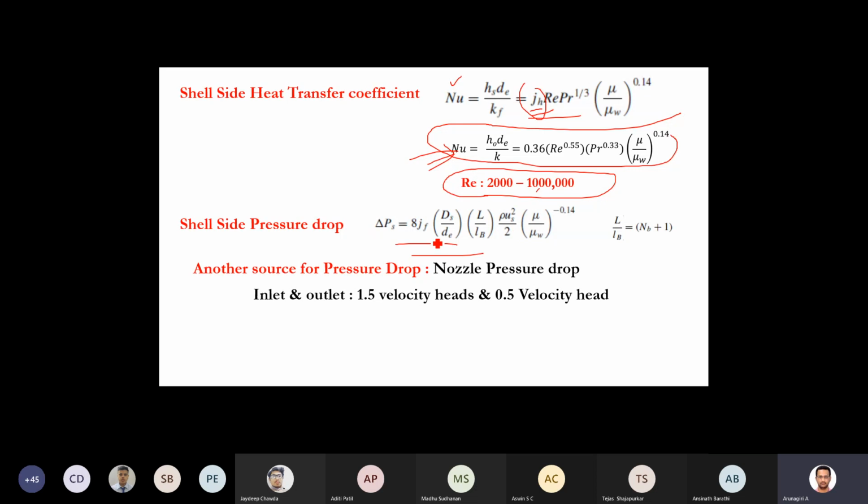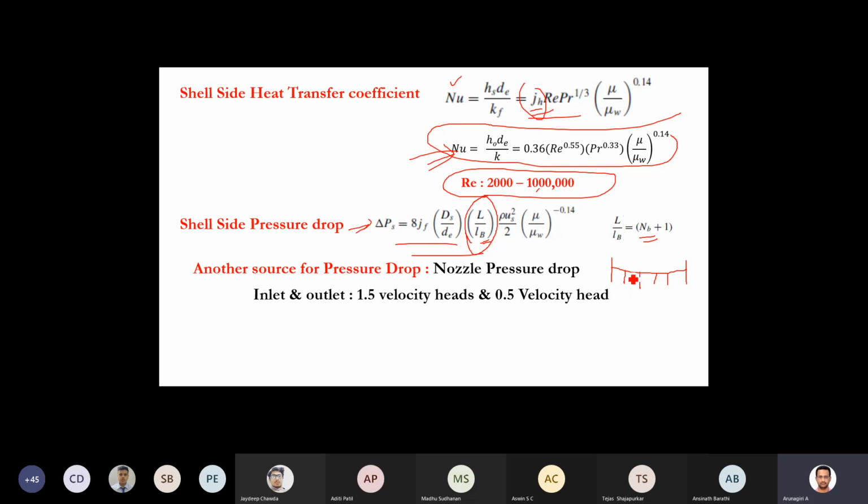When you compare the shell side pressure drop equation with the tube side pressure drop, the only additional term is L by LB. L is the tube length and LB is the baffle spacing. What you get is the number of baffles plus 1. Here is your tube sheet, this is your first baffle, second baffle, third baffle, fourth baffle.